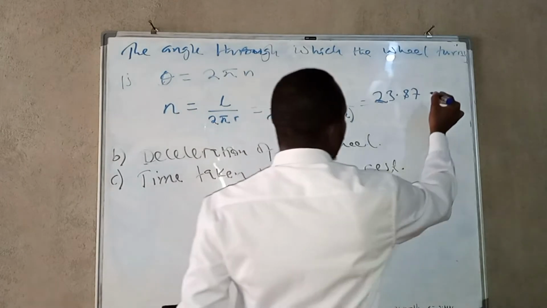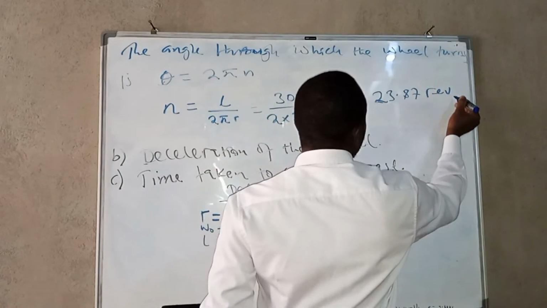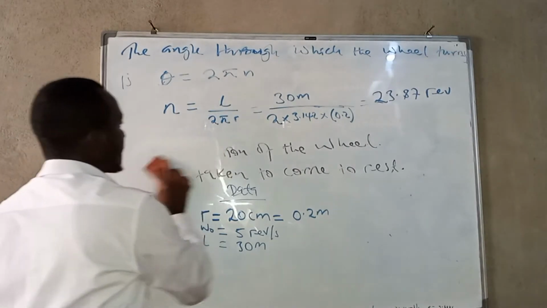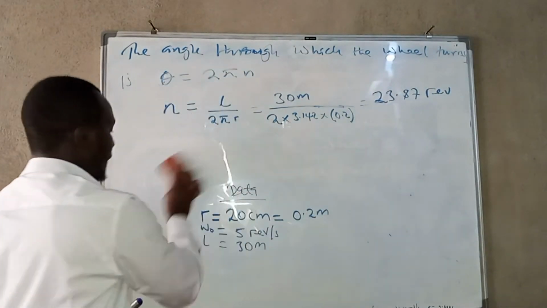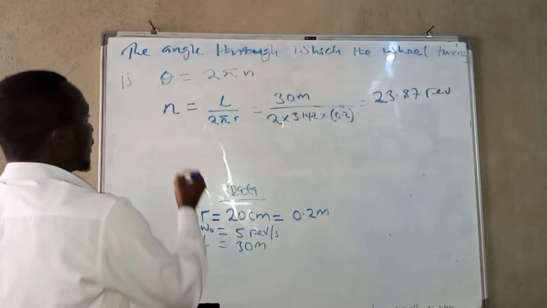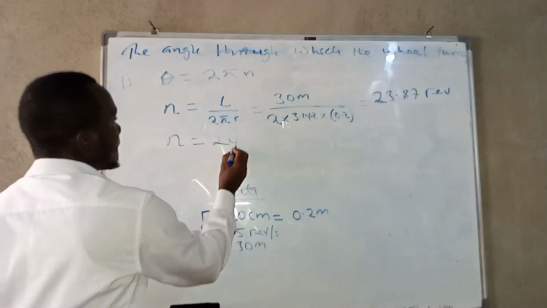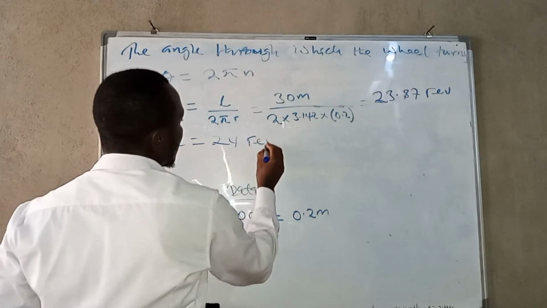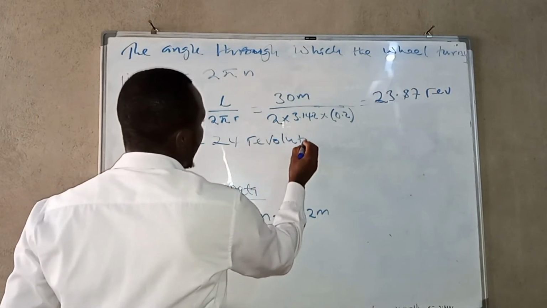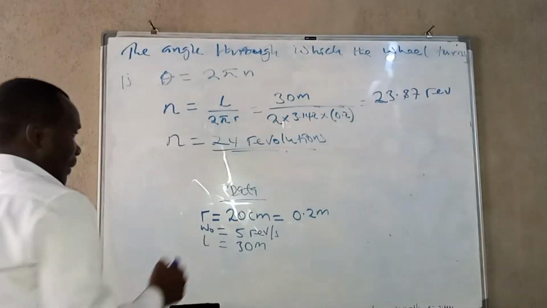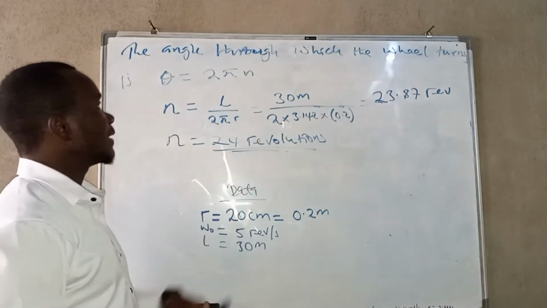These are revolutions. So this can be rounded off to 24 revolutions. So this is the number of turns.